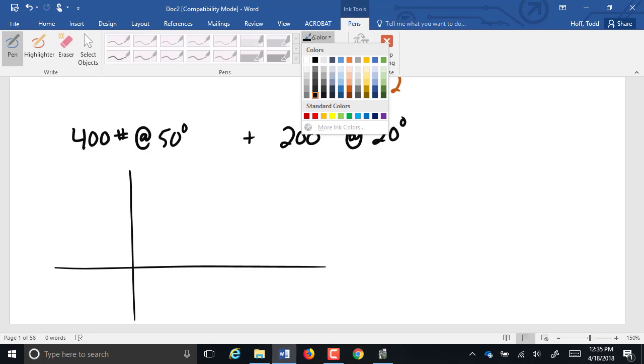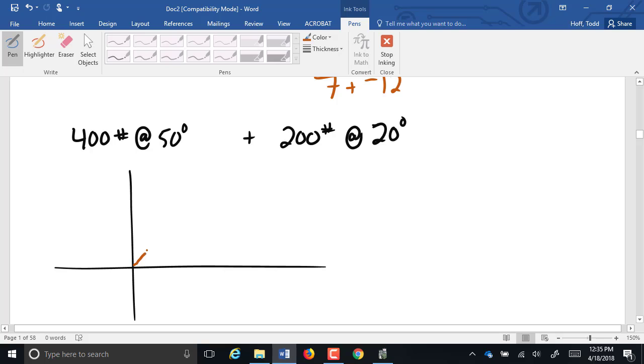Well, here are my vectors. 400 pounds at 50 degrees. It's going to look something like that. That's this one. 200 pounds at 20 degrees. It's going to look something like that.